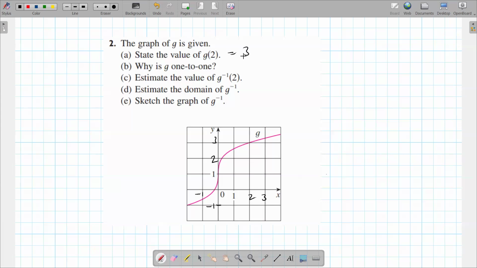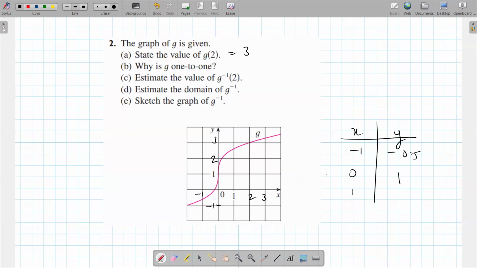B, why is G one-to-one? Remember what one-to-one is? Unique x for unique y. Why is it one-to-one here? Because there's no repeating points for the same unique point. If you wanted to, you could even graph it out, x, y. So -1, it's like negative 0.5.